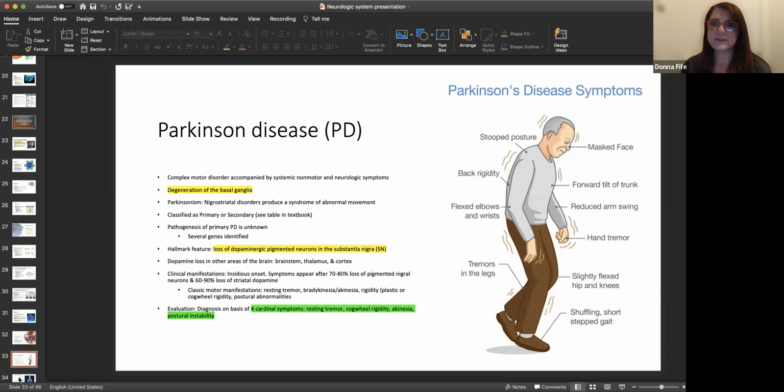Classic motor manifestations: patients have a resting tremor, bradykinesia or akinesia, rigidity, plastic or cogwheel rigidity, and postural abnormalities. Evaluation: the diagnosis is based on these 4 cardinal symptoms: resting tremor, cogwheel rigidity, akinesia, and postural instability. Some more symptoms that we might see are also listed here on this diagram.